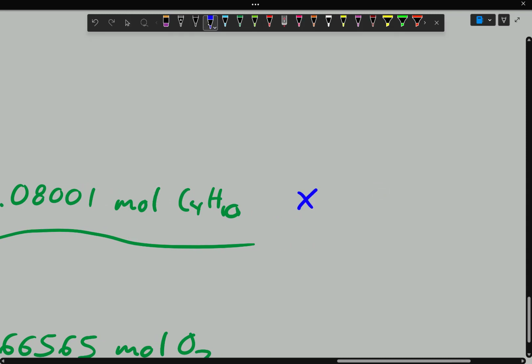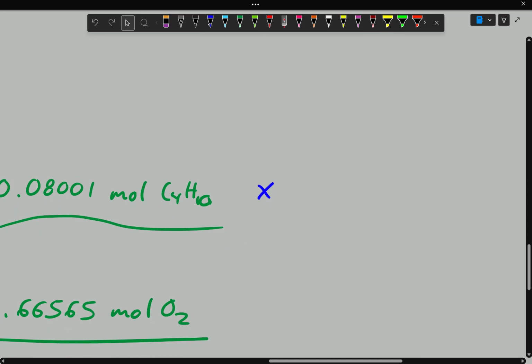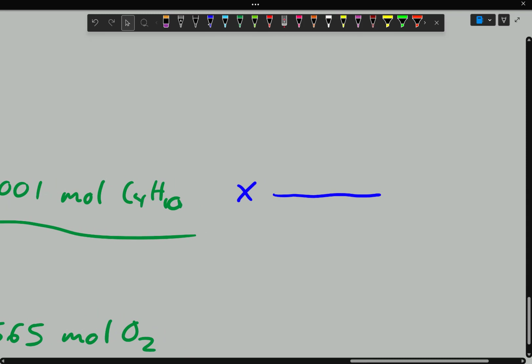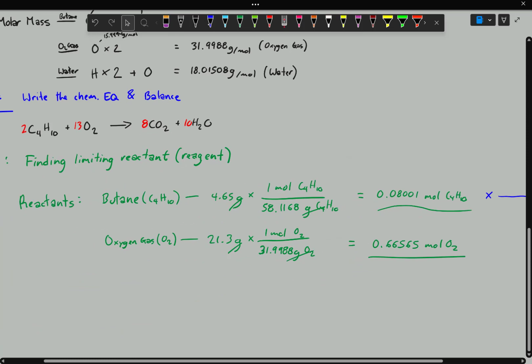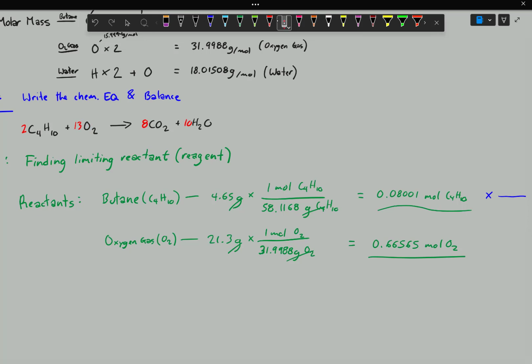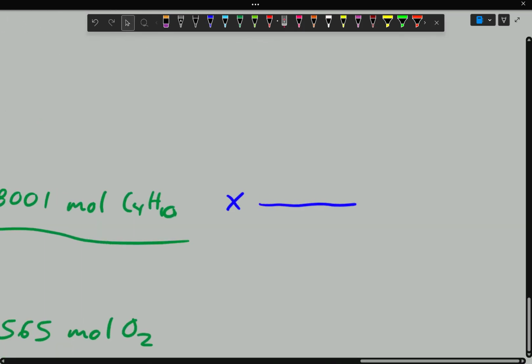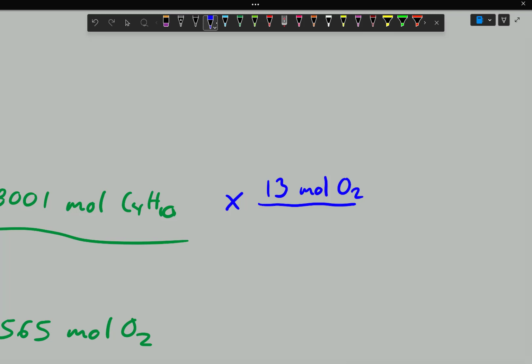So, again, we write out a molar ratio. We write what we want on the top, which is moles of O2 gas. And we know that for every 13 moles of O2, we use 2 moles of butane. So on the top, we'll write 13 moles of O2, and on the bottom, we'll write, for every 2 moles of butane.